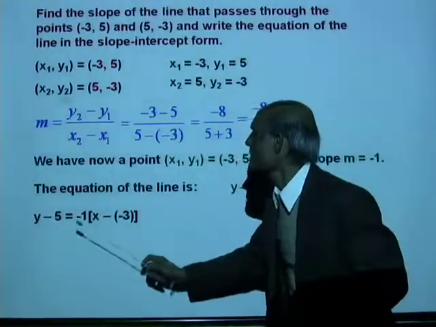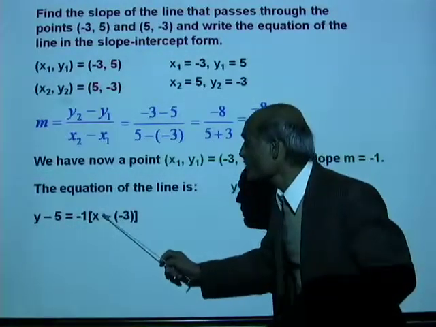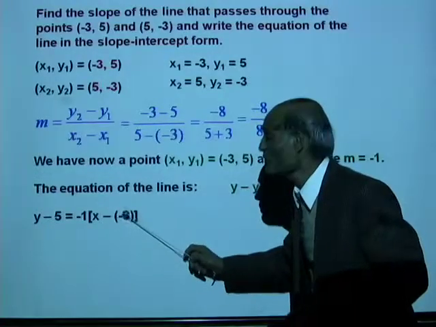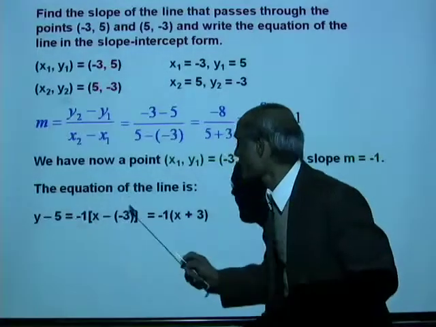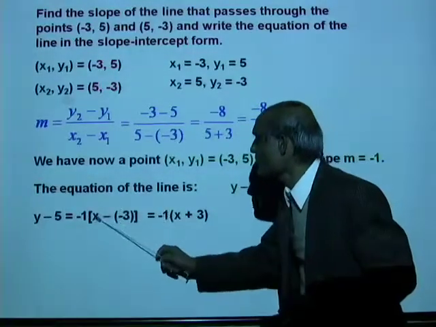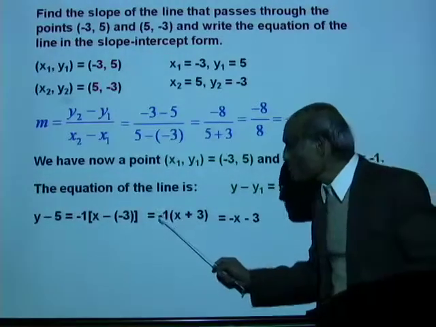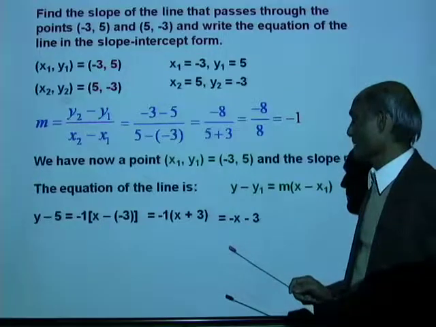So y minus 5 is m, -1, times x minus x1. Watch those signs. x minus -3. And that will be y minus 5 is -1 times x minus -3, which is x plus 3. And now distribute the -1. That will be -x plus 3.